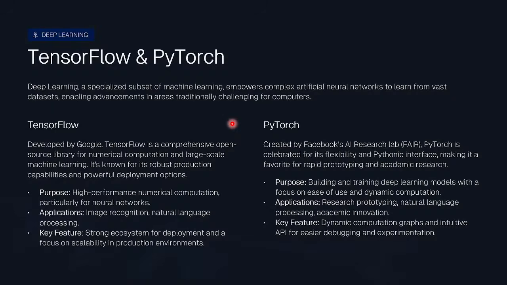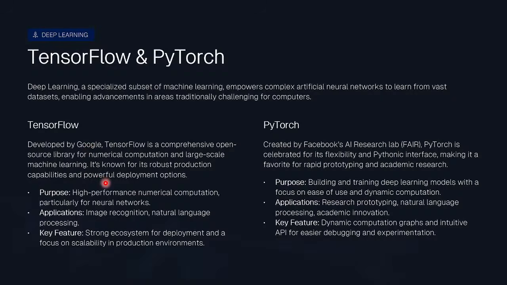Okay, so the next one is TensorFlow and PyTorch. TensorFlow and PyTorch are deep learning libraries. Basically, they help in developing and training models from deep learning. TensorFlow is basically developed by Google. It is used for large scale machine learning and deep learning operations, and it is fully scalable.